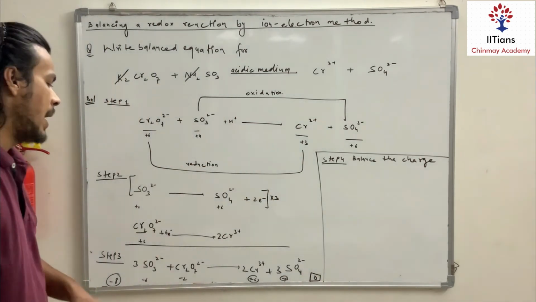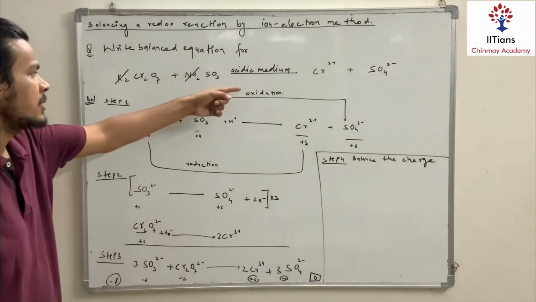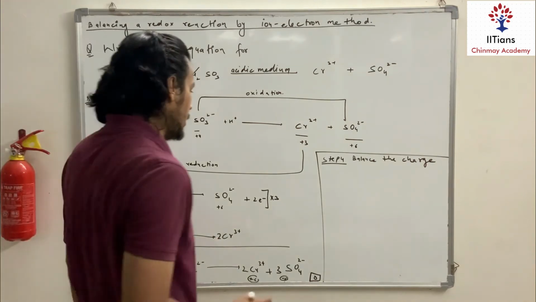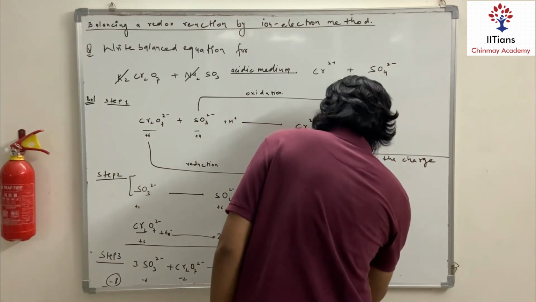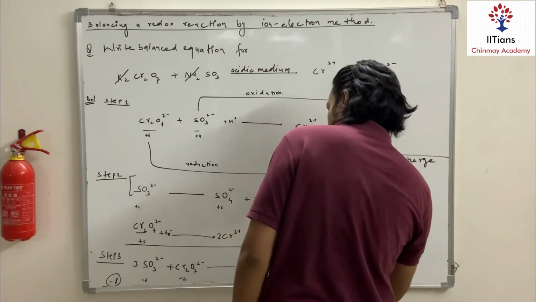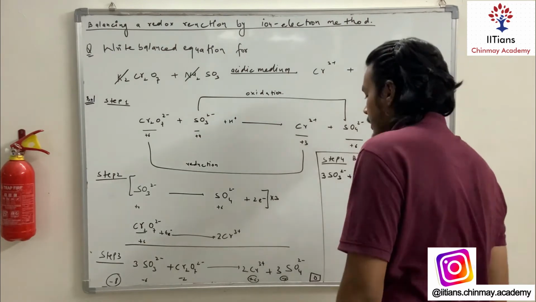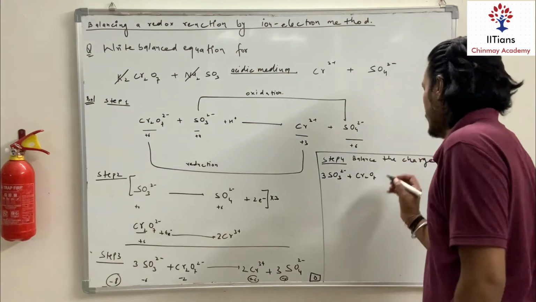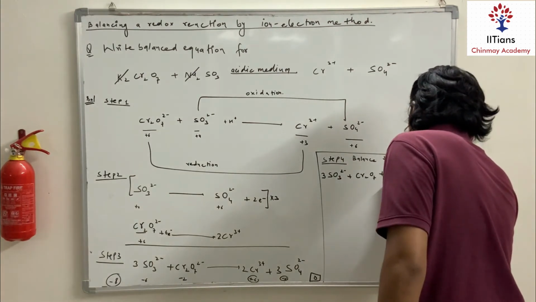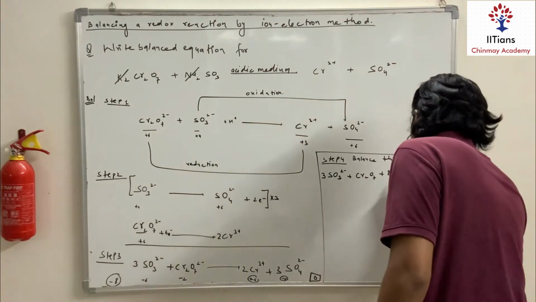In order to balance the charge, I will have to add 8 H+, because this is acidic medium. So this will be 3 sulfite plus Cr2O7 2-, and I will have to add 8 H+ because now on the reactant side as well as the product side, the net charge is 0.